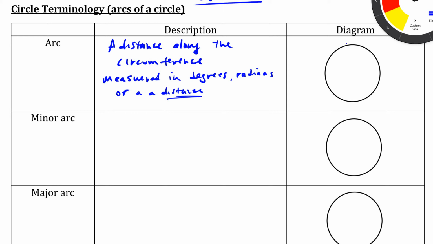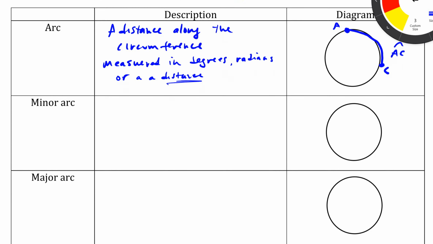So for example, this would be called arc AC. When we make an arc, we put a little arc symbol above the two letters. Now within arcs, there are two types of arcs: minor arcs and major arcs.